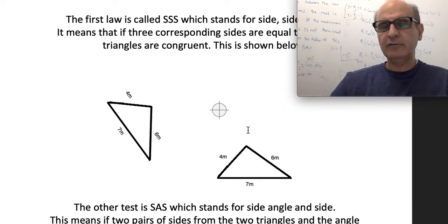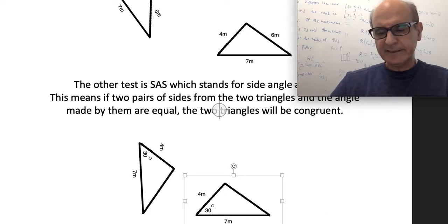That is enough for us to say that these two triangles are congruent. So it means that everything about these triangles will be the same. For example, this angle will be equal to this angle, and this angle will be equal to this angle, and this angle will be equal to this angle.